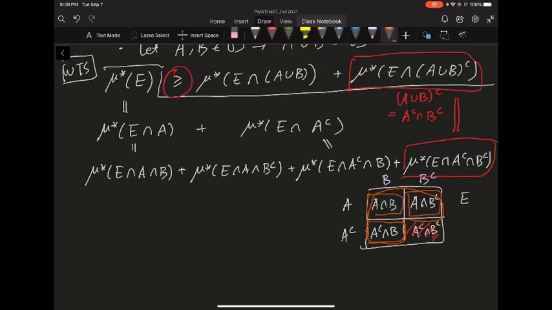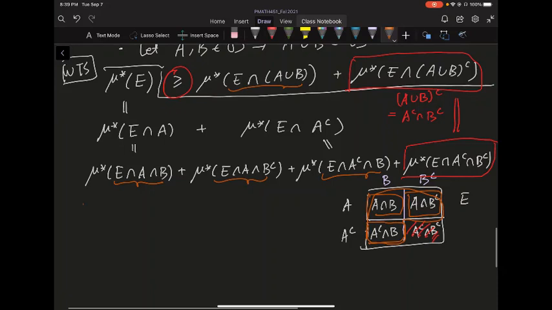So the union of these three sets is equal to E intersect A union B. Well, what I can have is that by the sigma subadditivity of this outer measure mu star, the mu star of E intersect A union B will have to be smaller than or equal to the sum of these three.